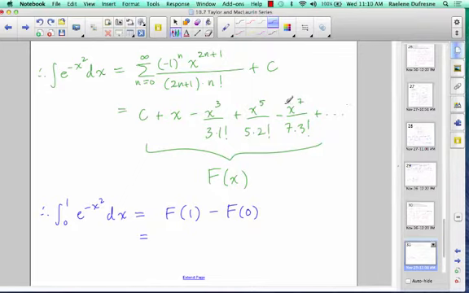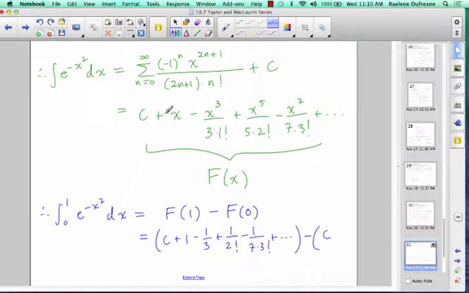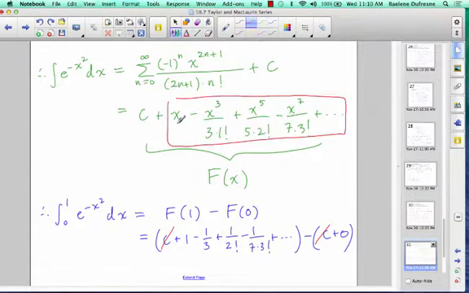So this is going to give us c plus 1 minus 1 cubed over 3 plus 1 over 2 factorial minus 1 over 7 times 3 factorial, etc., minus c plus 0. So the c's subtract, leaving us only with the body of this antiderivative with x substituted with 1.